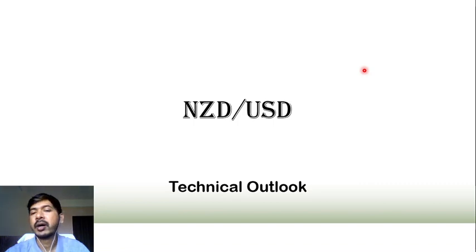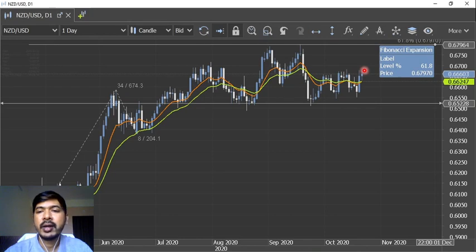Now moving on to the NZD, the New Zealand dollar. The NZD has been in the consolidation phase, and as you can see, after rallying strongly, it had this second leg of this higher side movement, and now for last couple of weeks, and I think even starting from the first week of July, it has been fairly range bound in between the 0.65 to 0.68 level.